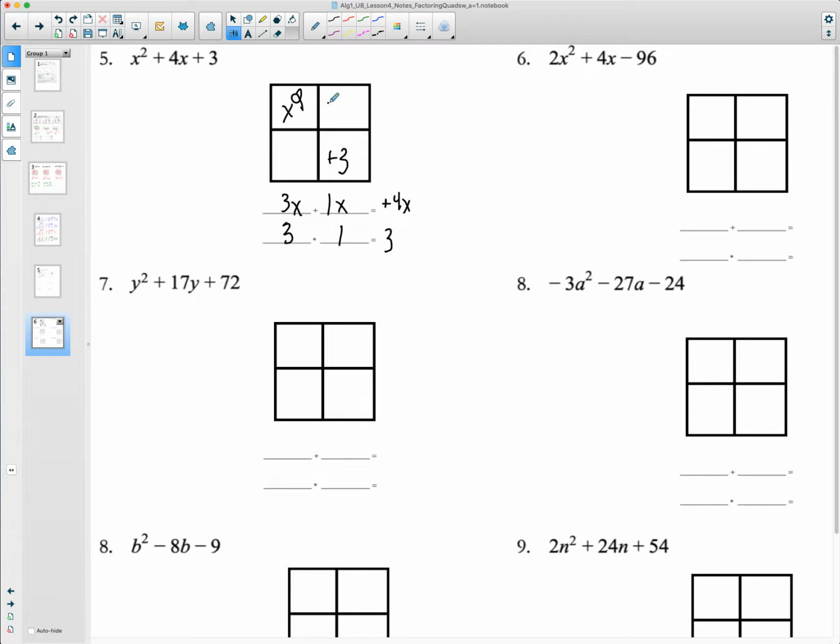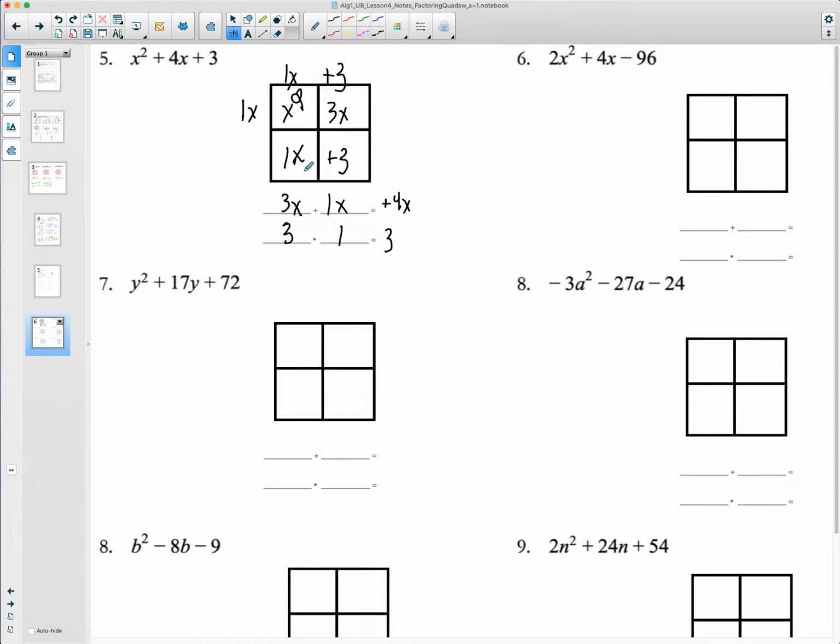And then I'm just going to jump up here, and we now know what our two terms would be right here. All right, and now we can look vertically for our GCF, which would be just that 1x in our first column. If we look at our second column, our GCF would be a positive 3. All right, in our first row here, our GCF would be a positive 1x.